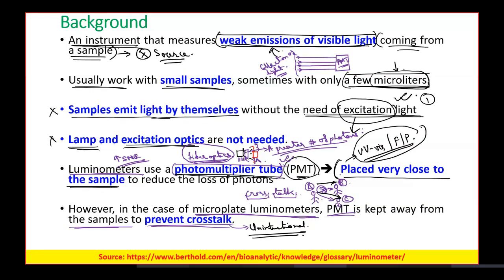However, with the advancements in solid state electronics and fiber optic communication, you can use fiber optics to collect the photons from as close as possible to the cuvettes, and transport those photons to a greater distance where the PMT has been kept. So this gives you flexibility. But here also the collection of the light photons should be done from as near as possible to the cuvette.